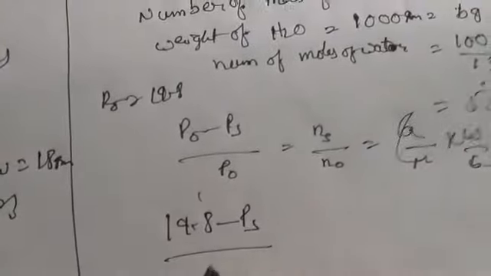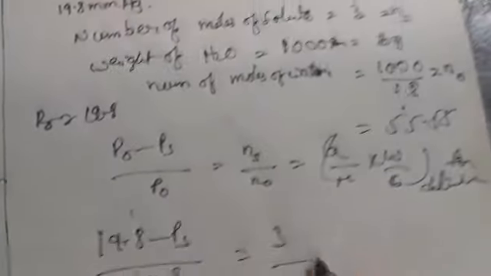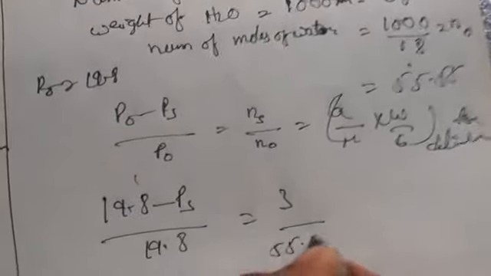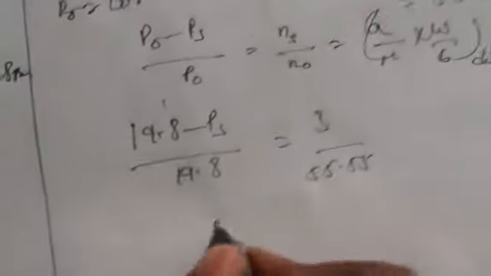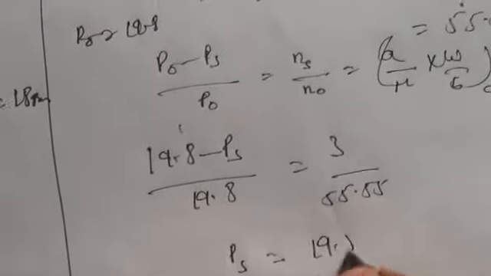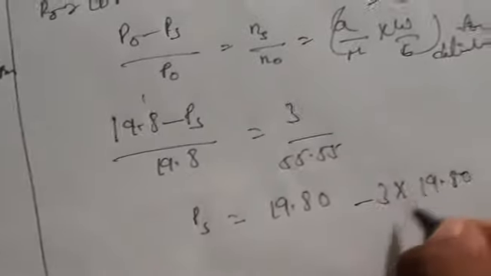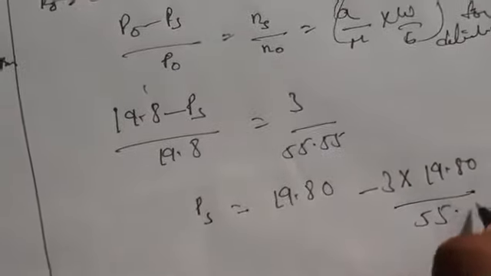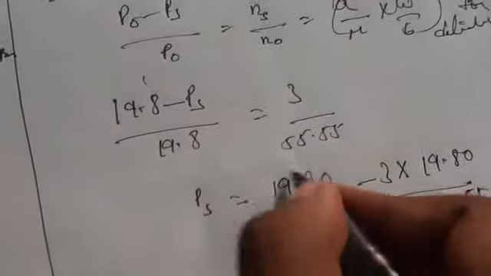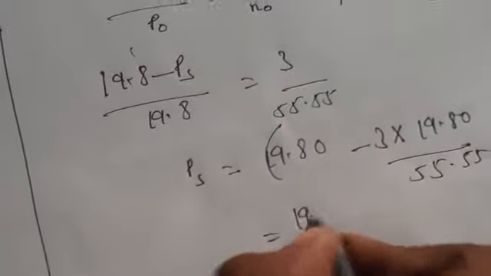So we have to find PS here, that means PS by 19.8 is equal to, what is the NS? We have got 3 by 55.55. So to calculate, PS is equal to 19.80 minus 3 into 19.80 divided by 55.55.